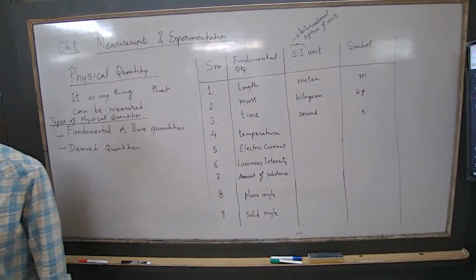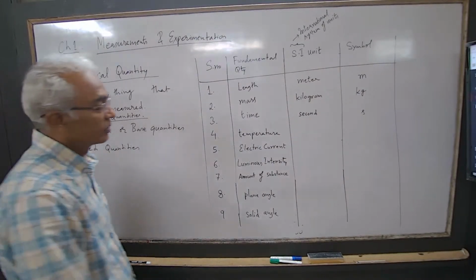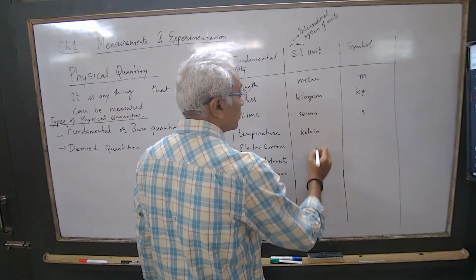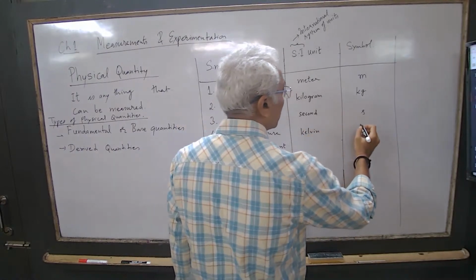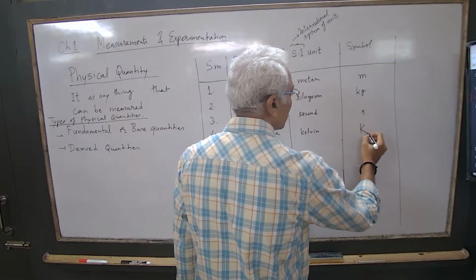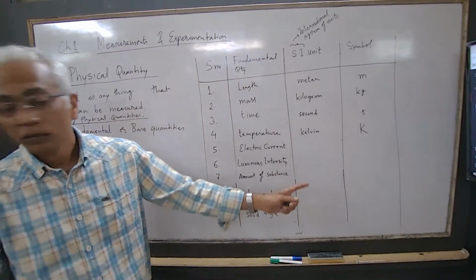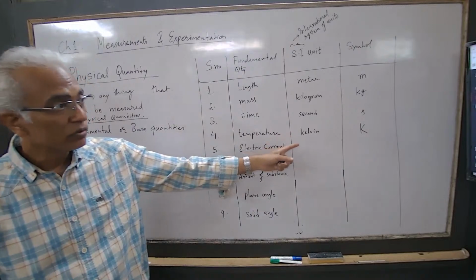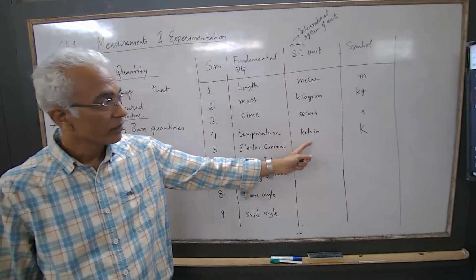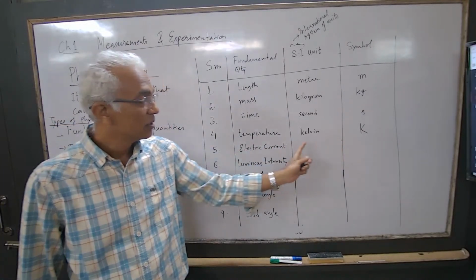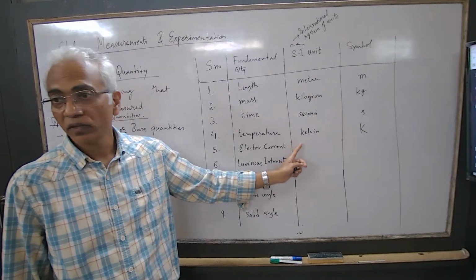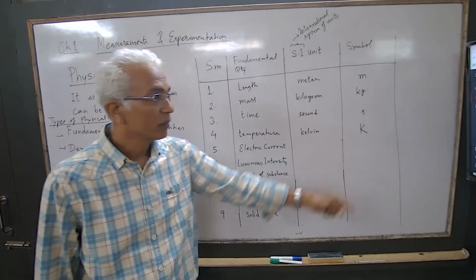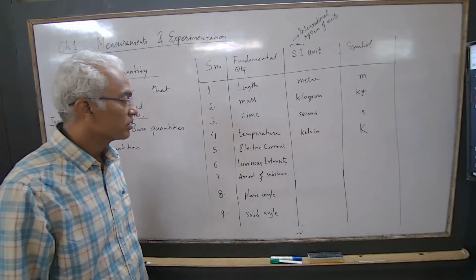What about temperature? Kelvin. What about its symbol? Capital K. Why capital K? Because it is the name of a scientist. Whenever a unit is named after a scientist, the symbol is the capital of the first letter. Only when the unit is named after a person is it in capital letters.